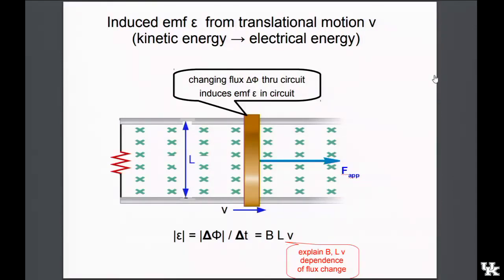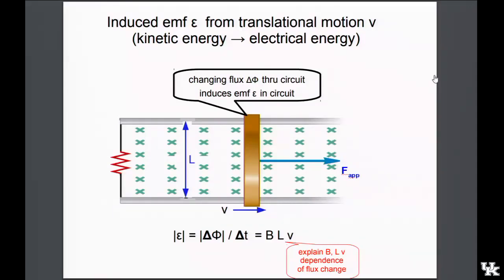And so I'd expect to get a much larger induced EMF, induced current. For example, if I didn't move the rod, then there would be no change in flux, and I would get no induced EMF, no induced current. So that makes sense too.